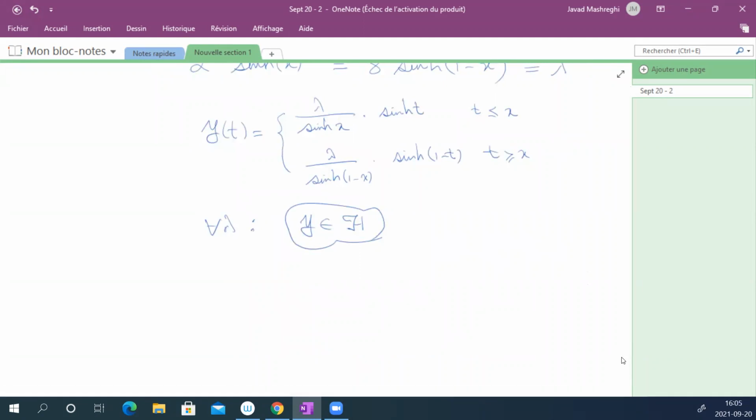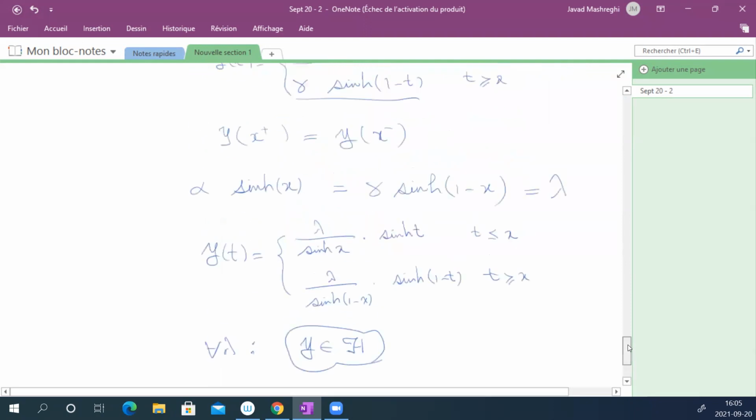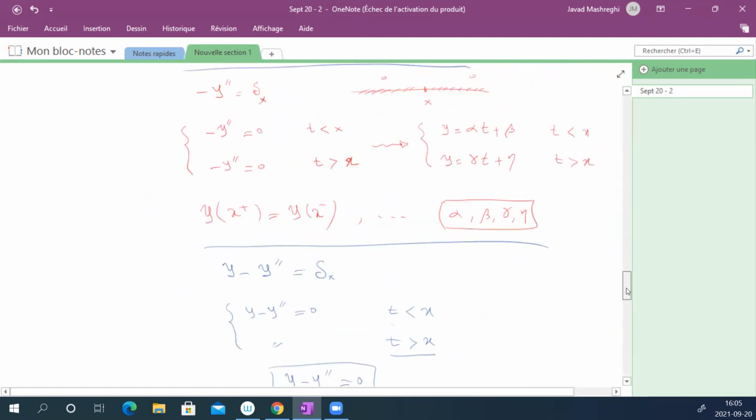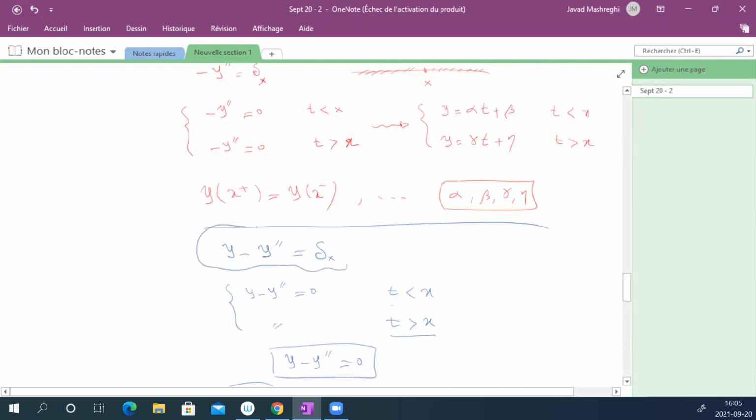And now I have one more restriction, and the restriction is that it has to satisfy the differential equation that we had above, this one, in order to be, because the boundary conditions are the same, y equal to k of x.